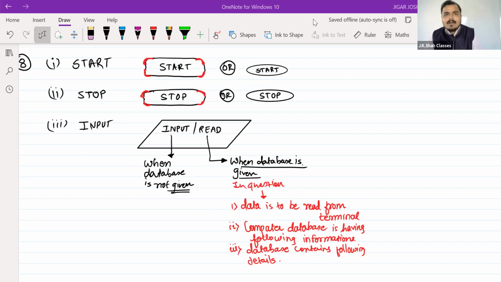That is the input command, or you need to write down a read command. Input command is when the question does not provide the database. But suppose in the question you have the words like database is already given, data is to be read from the terminal, computer database has the following information, then definitely my dear children will call it what? Sir, we will use the read command.